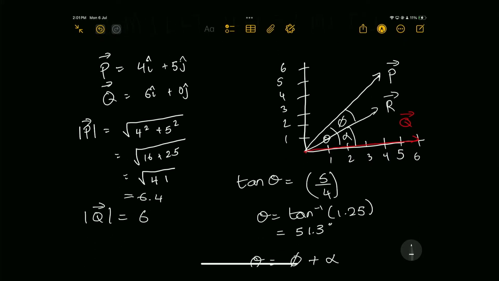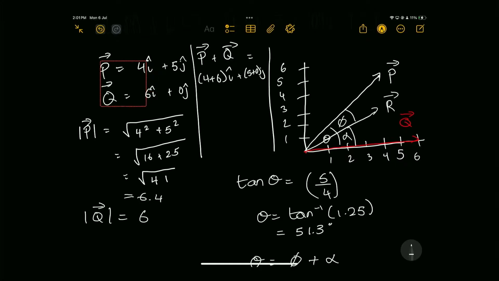I'll just write it next here. This is just equal to the i components added to each other plus the j components added to each other. So it would be 4 plus 6 i plus 5 plus 0 j, which is equal to 10i plus 5j.